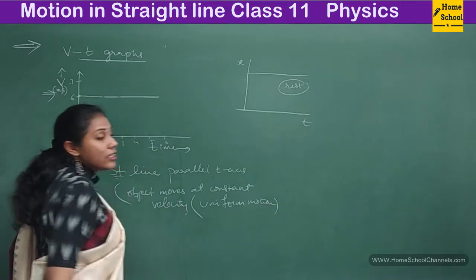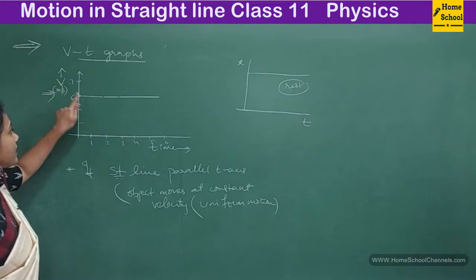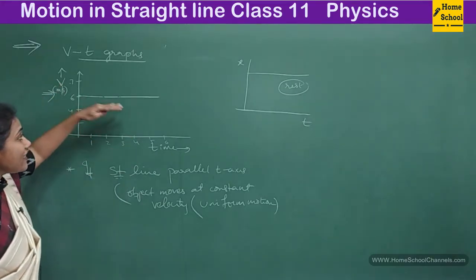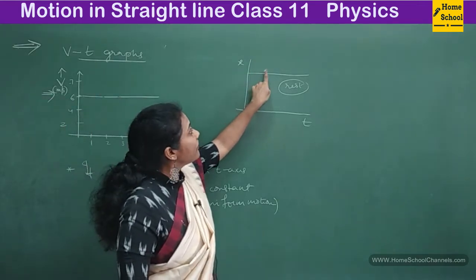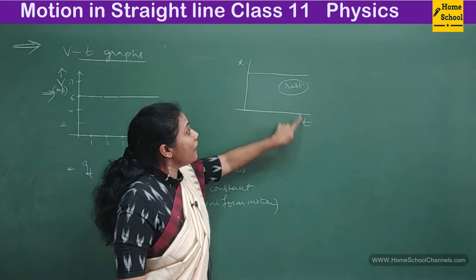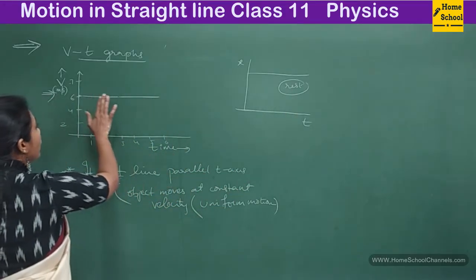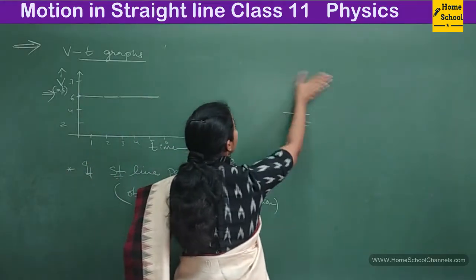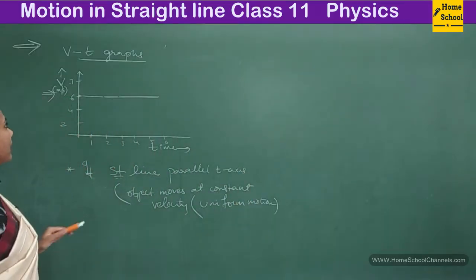This is really very important. It means that velocity is constant, so it doesn't mean that the object is at rest. If you have this particular line in the XT graph, then it means the object is at rest. So here don't conclude that the object is at rest. This is where you have to be careful, guys. Okay, so this is one type of graph.